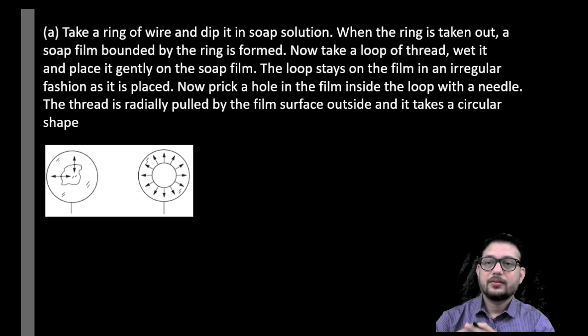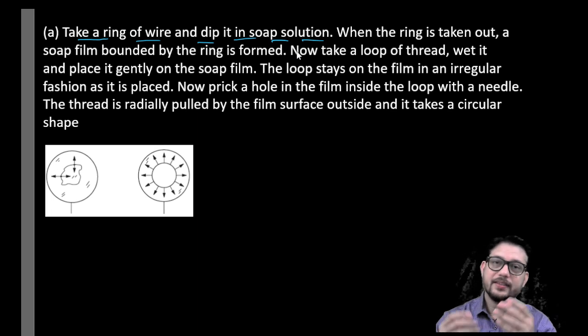In the first demonstration, we take a ring made of wire, maybe copper or any metal, and dip it in a soap solution. Now the question is, why do we use the soap solution?